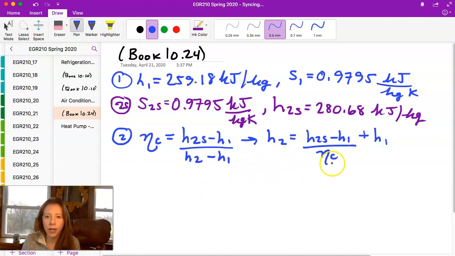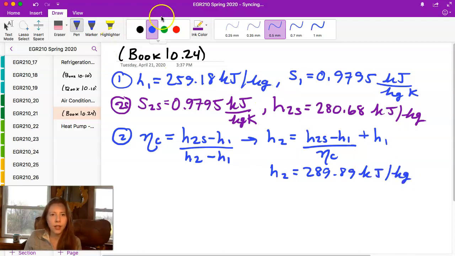So plugging in our values there, we get that h2 is going to be 289.89 kilojoules per kilogram.